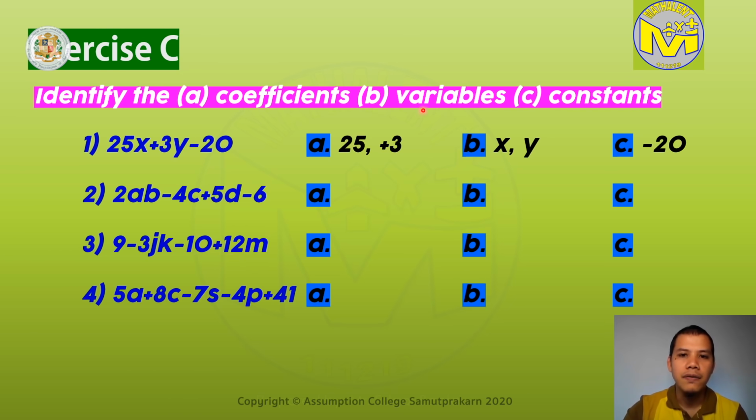And variables and constants: variables are the letters. Constants are numbers alone, just like -20, -6, 9, -10, and +41. Those are the constants.